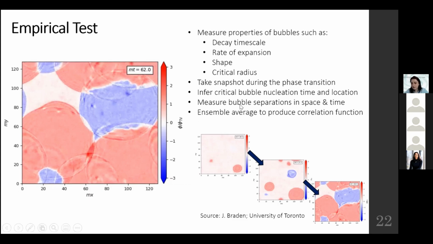We would like to infer the critical bubble nucleation coordinates in the same way that we did in our detection algorithm. Having those nucleation sites defined in this way, we could compute, using the same estimator, the correlation function between these nucleation sites and ensemble average to produce the full curve.